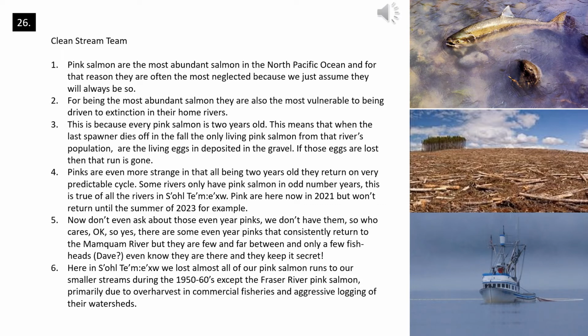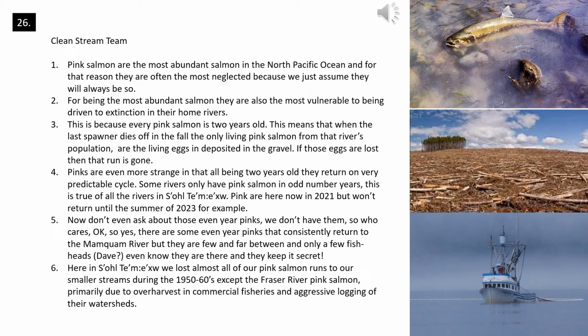This is because every adult pink salmon you see is 2 years old. This is different than all the other species. You'll see coho that are 2-year-olds, 3-year-olds, 4-year-olds, Chinooks that are 3, 4, 5, 6, 7, chums 3, 4, 5, 6, those sorts of things.